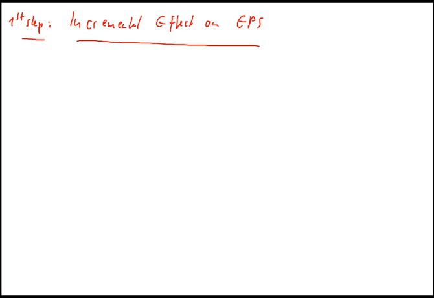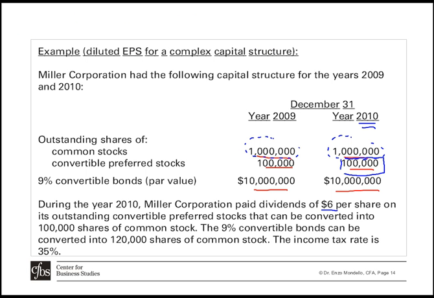Well, we have 2 potentially dilutive securities in our capital structure. First, we have the convertible preferred stock that can be converted into common shares of the stock. And as a second potentially dilutive security, we have our convertible bond. So we have 2 potentially dilutive securities in our capital structure.